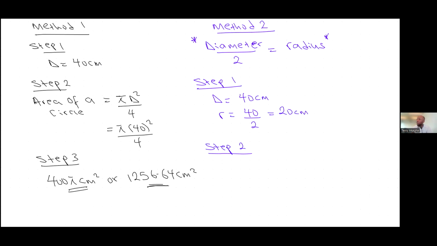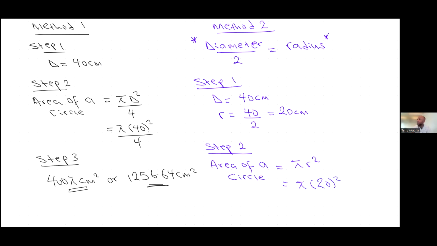Now, the area of a circle is going to be equal to pi r squared. So that means it's going to give us pi, the r is 20, the r is 20 squared. Are you seeing that?